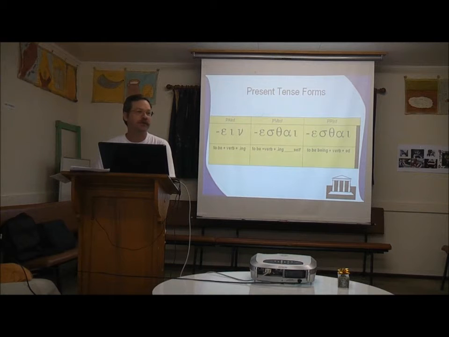You might be able to get away with just translating it to be and then the action of the verb and ing, like to be looking, to be eating, to be fishing, so forth. If it's middle, you might want to try a little more reflexive idea in your translation: to be eating oneself, to be fishing for oneself, that kind of thing.